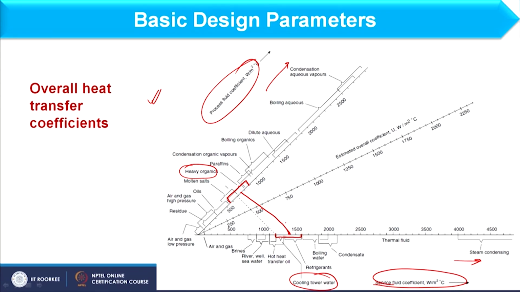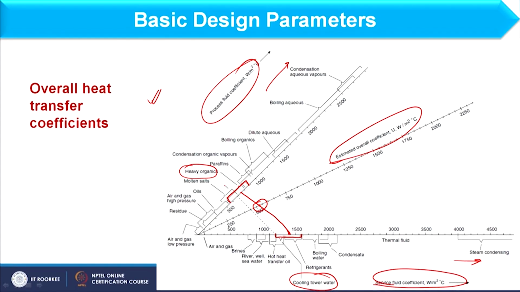Here a straight line is not drawn, but you have to draw the straight line, and wherever it cuts this central line, that point will give the assumed value of the overall heat transfer coefficient. Okay. As you see here, this is the line for the estimated overall coefficient. So, it is an estimation based on these assumptions.